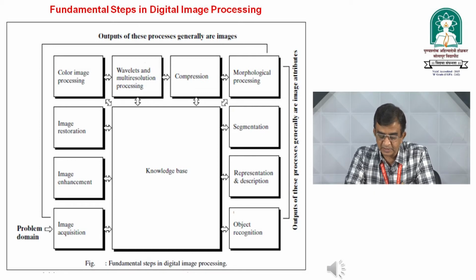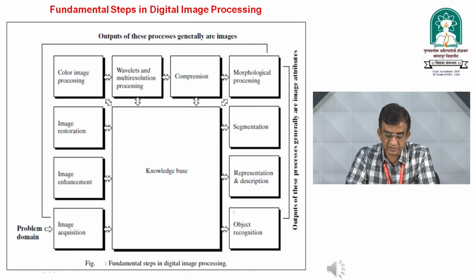A rugged segmentation procedure brings the process a long way toward successful solution of imaging problems that require objects to be identified individually. Weak segmentation algorithms almost always guarantee eventual failure. In general, the more accurate the segmentation, the more likely recognition is to succeed.